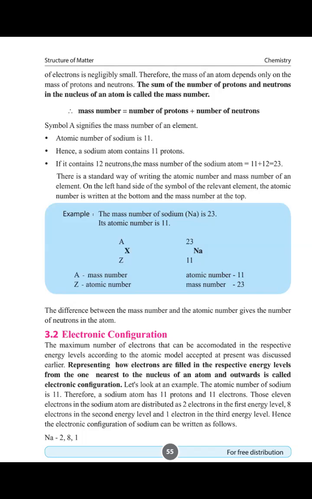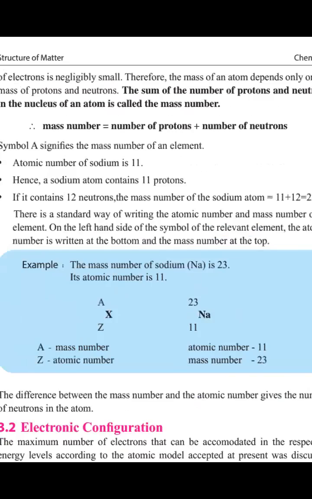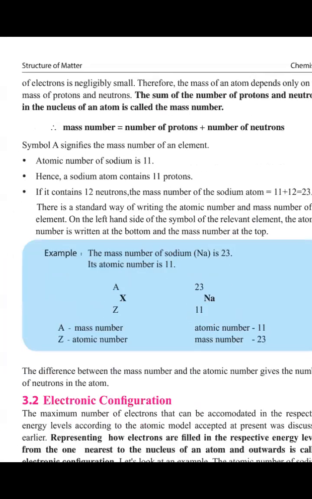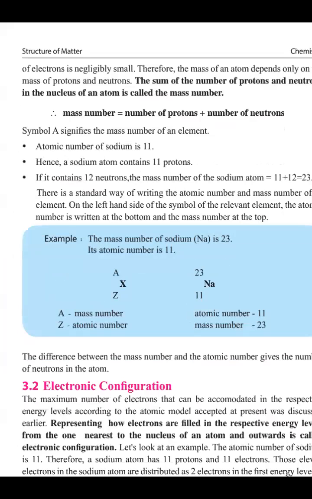Now, if you are given the atomic number, you know the number of protons. Then, if you know the number of neutrons, you can calculate the mass number. So we can write an equation for mass number. That is, A equals number of protons plus number of neutrons.